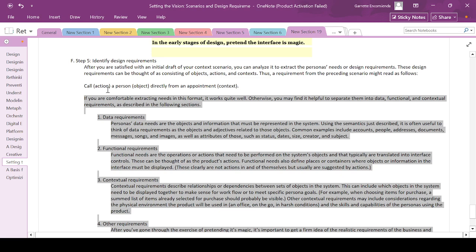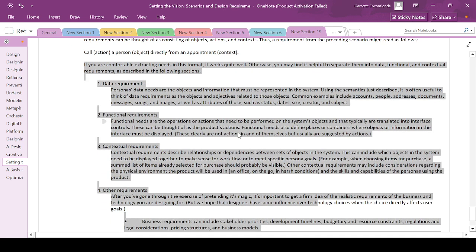For example, like the call icon to that person, it combines that imperative and selective controls we have discussed in the previous video. So that's a function, actions to those objects if that is using a phone. This can be thought of as the product's actions.